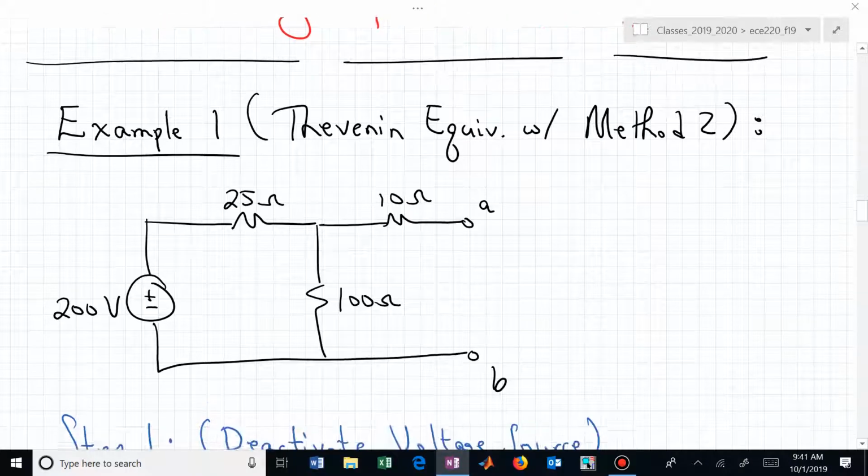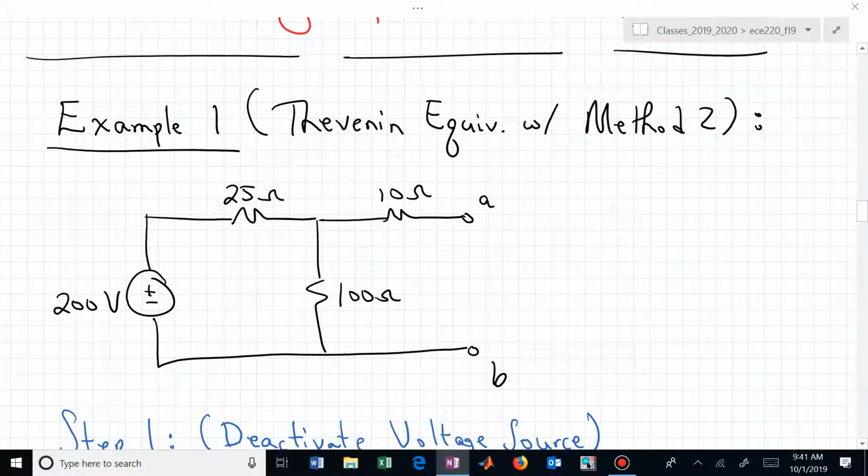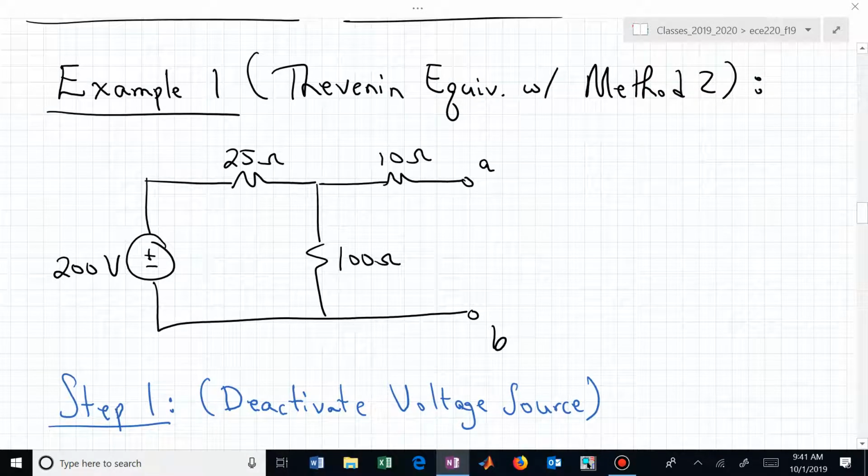Let's now look at applying these two new methods that we've introduced. Method 2. Now on an exam, I'm not going to probably tell you what method to use. You'll have to decide, do I use method 1, method 2, or method 3? And it's going to depend on maybe the way you're feeling that day, or the circuit, or a combination. But for method 2, I'm telling you, let's try method 2 for this particular circuit.